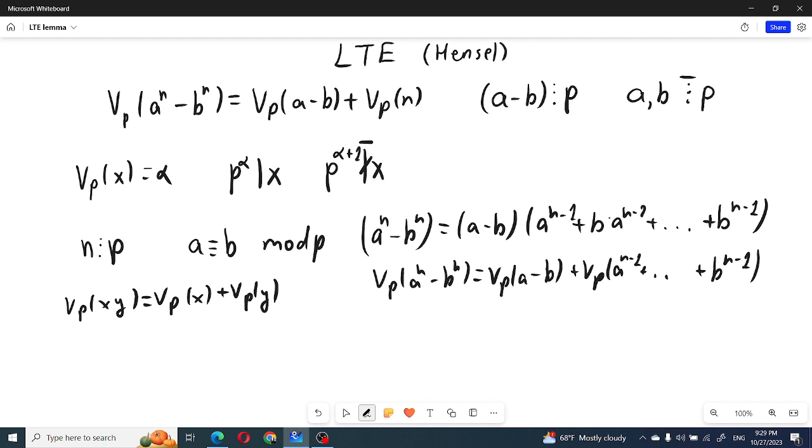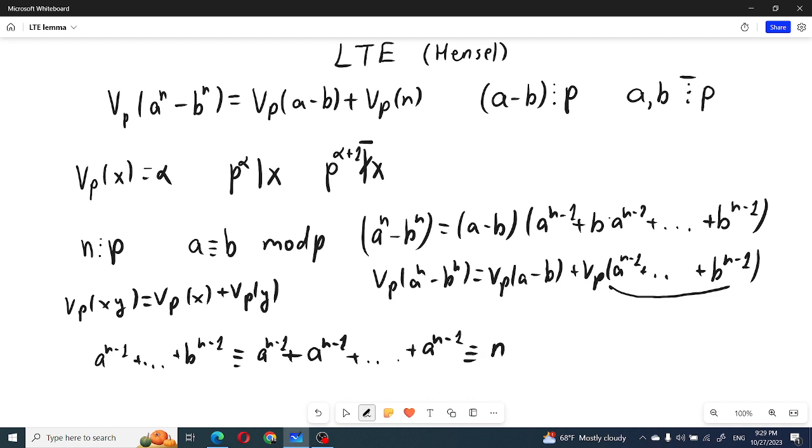And now let's see what must be the remainder of this number mod p. Because we know that a equals b mod p, we can write a to the n minus 1 plus up to b to the n minus 1 as a to the n minus 1 plus a to the n minus 2, because instead of b we can write a mod p, and the last one will also be a to the n minus 1, because b equals a mod p.